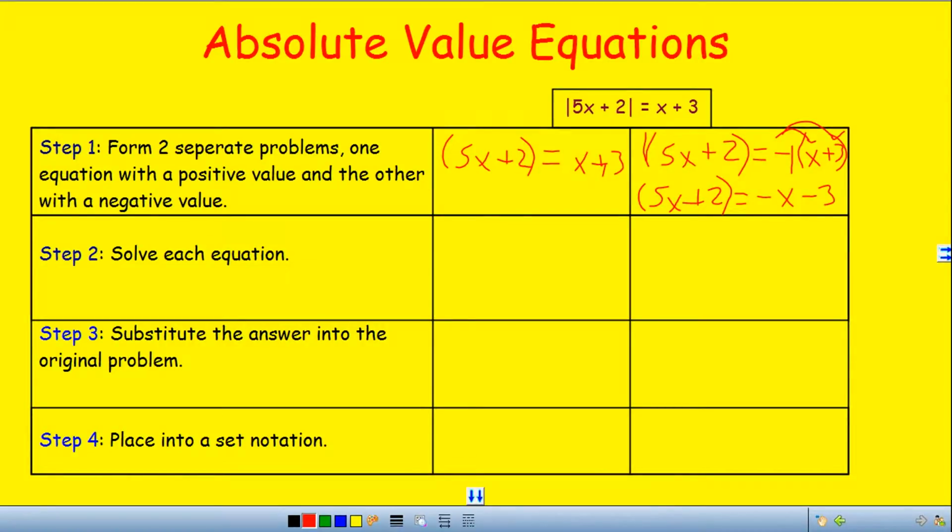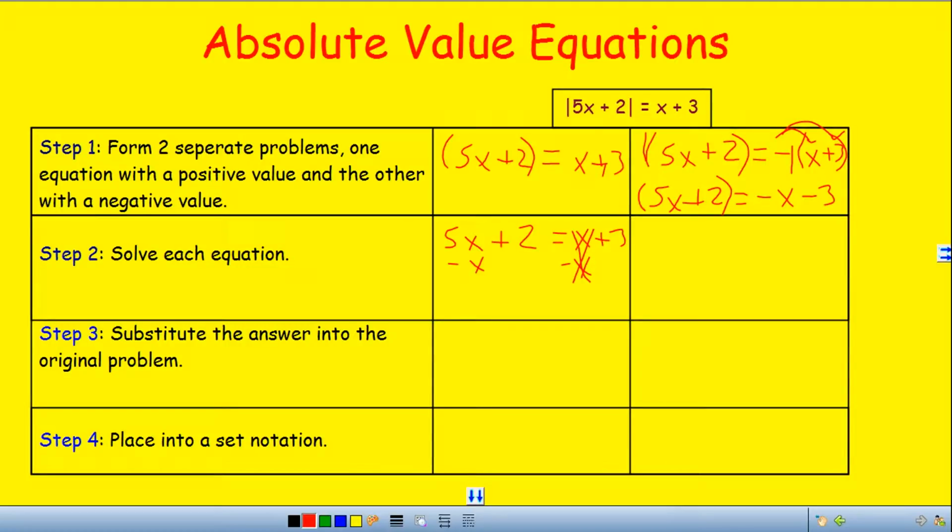Let's start with our first one. So we have 5x plus 2 equals x plus 3. Now, I don't necessarily need my parentheses because there's nothing that I'm able to do on the inside of that. So it's in its simplest form. So I'm going to begin combining my like terms. I'm going to subtract x from both sides, so that cancels the x out over here.